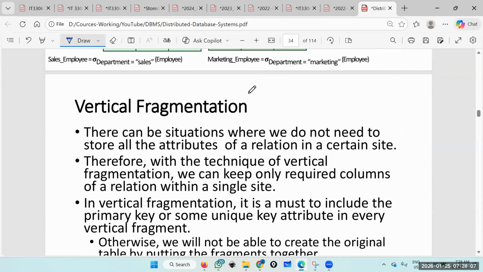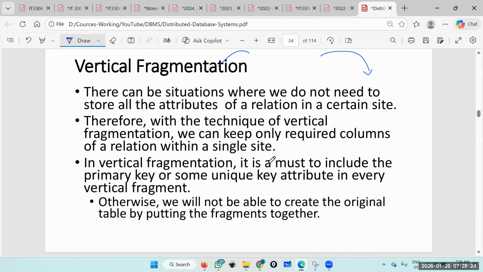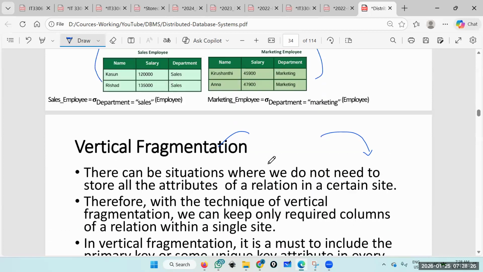Vertical fragmentation is basically projection. Some fields go into site X, some other fields go into site Y, but there must be at least one common field, that is your primary key, so that at any time we can join these and get the full column set. So that is vertical fragmentation.